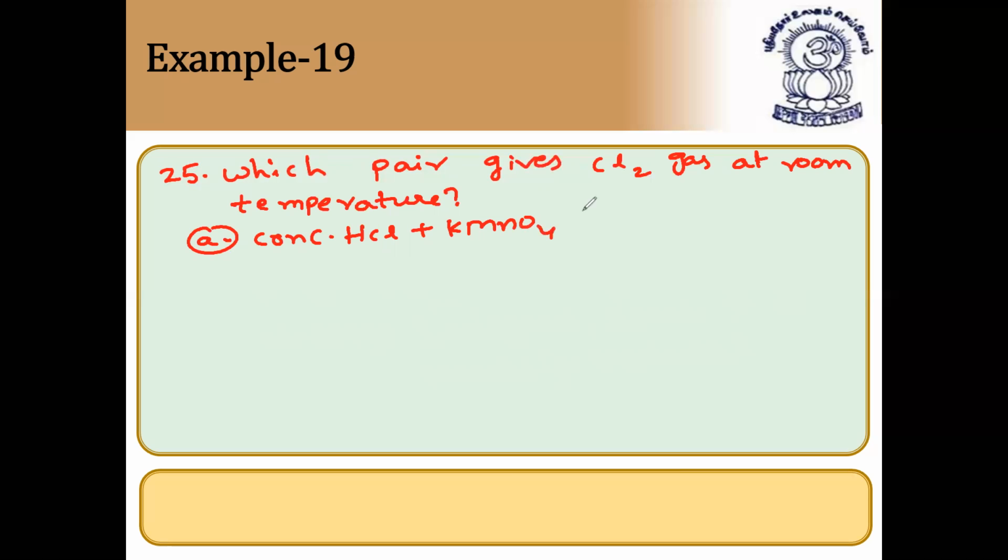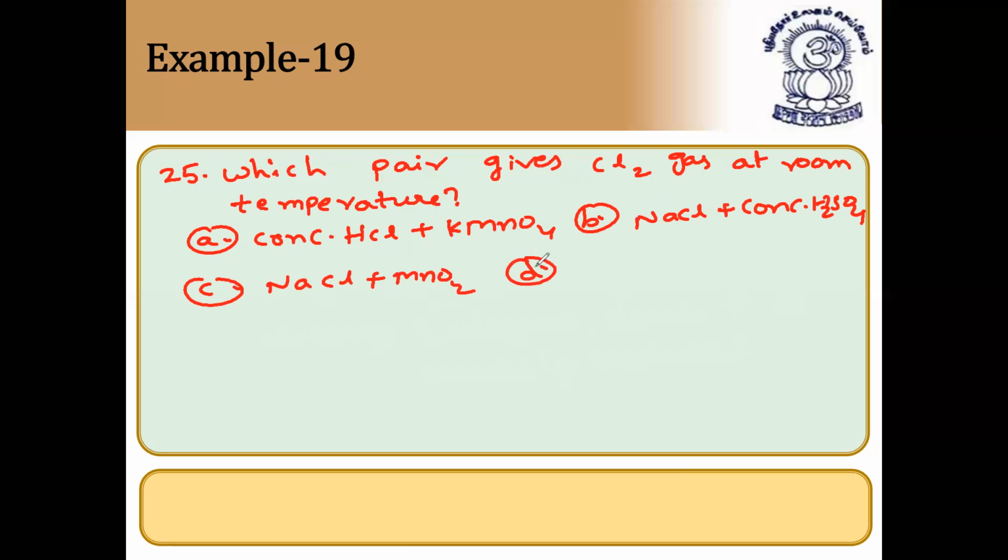Option 2, but they have given temperature also, so we have to check that: NaCl plus concentrated H2SO4. Option C, NaCl plus MnO2. And option D is NaCl plus concentrated nitric acid.